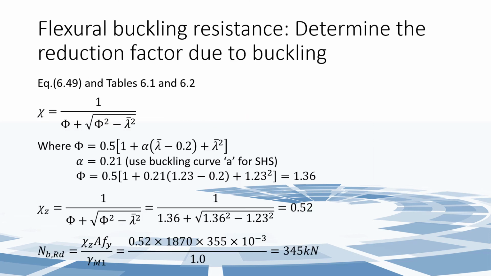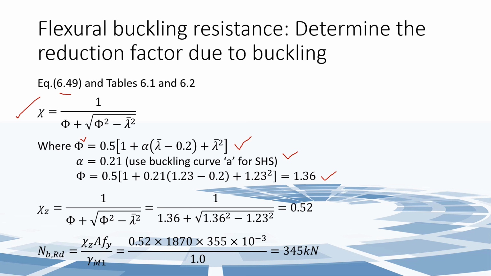Check for flexural buckling resistance, determine the reduction factor due to buckling. So refer to table 6.1, 6.2 and equation 6.49. We get this equation from the Eurocode. Calculate for this Φ, following this equation, where alpha is equal to 0.21, which means that you need to use buckling curve A for square hollow sections. So Φ is equal to 1.36.